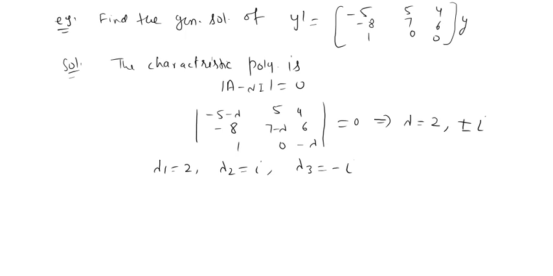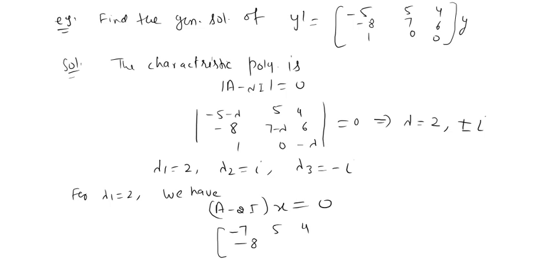Now we find the eigenvectors. For lambda 1 equal to 2, let us say the eigenvector is x, so (A minus 2I)x equal to 0. So just solve this A minus 2I: (-7, 5, 4), (-8, 5, 6), (1, 0, -2). Assume x1 is (a, b, c) and the right side is (0, 0, 0).